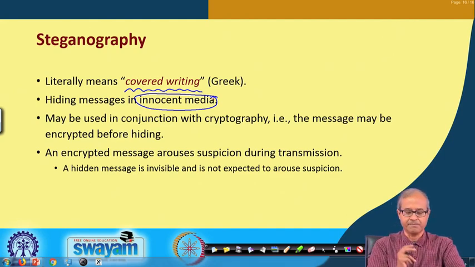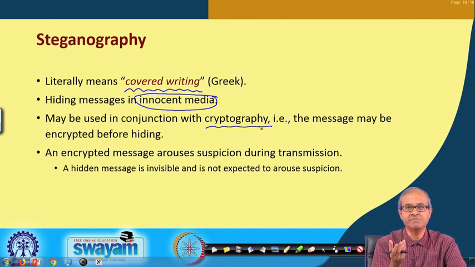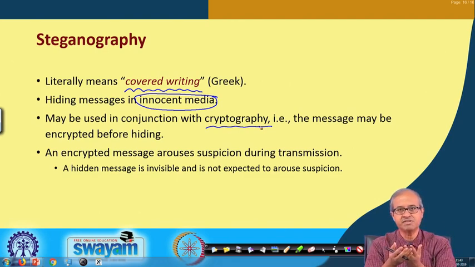Okay. This is steganography. Steganography may or may not be used in conjunction with cryptography. So, if the person who is hiding the message is doubly aware of the fact that he also wants to do some encryption before hiding, so that if someone finds out that there is steganography and extracts the information, still because there is encryption, that person will not be able to decode it.